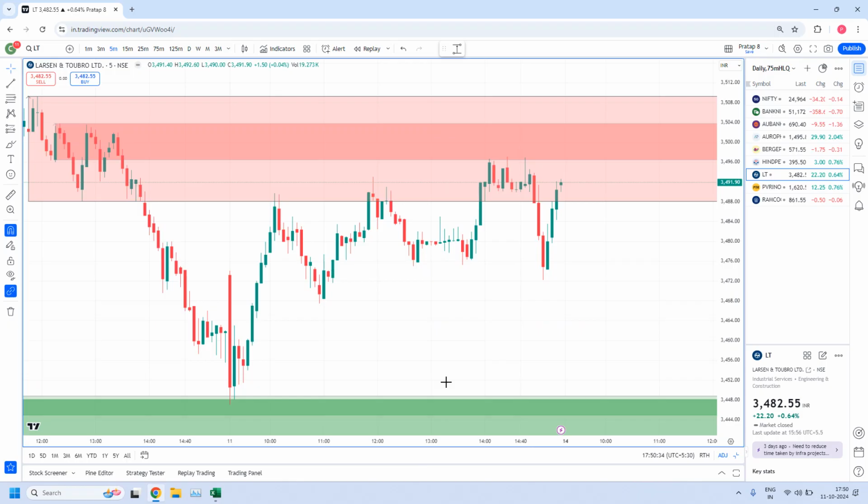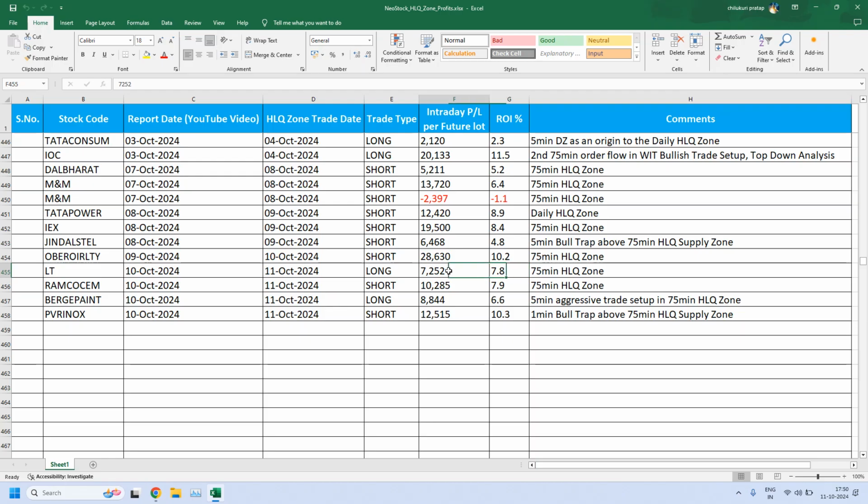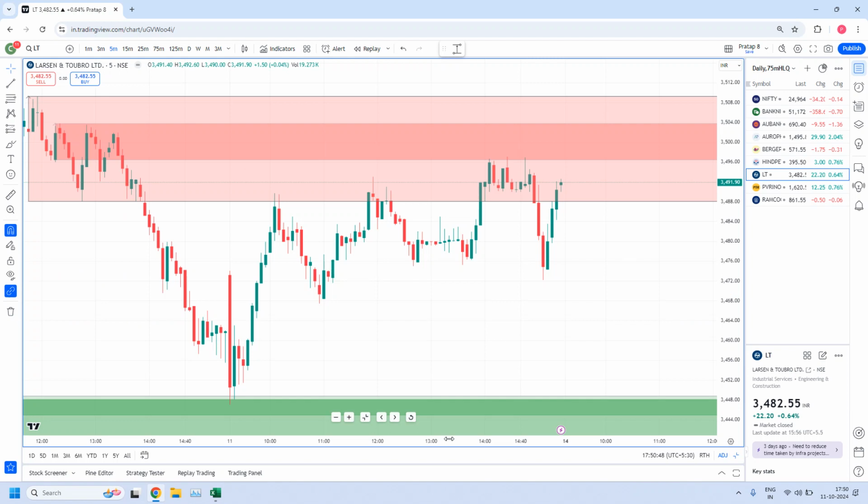It has given beyond the intraday average ROI. Why did we get it for a small amount of profit? You may say 7,000, but for 7,000 rupees we got 7.8% because the one futures margin cost is less than 90,000. So that's why we got a very good ROI for our small investment.